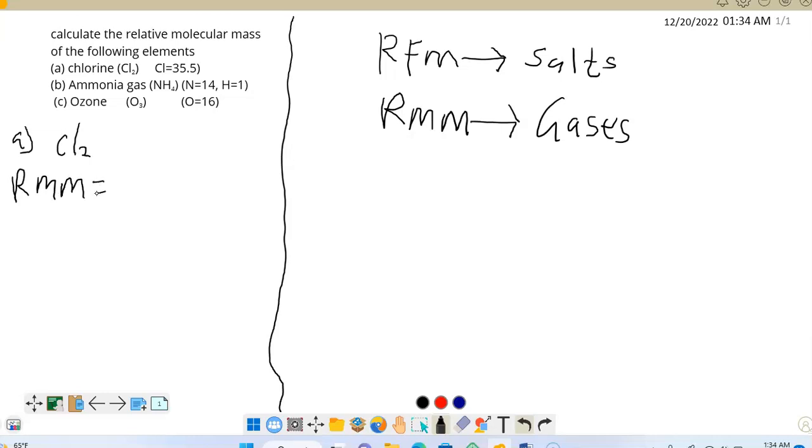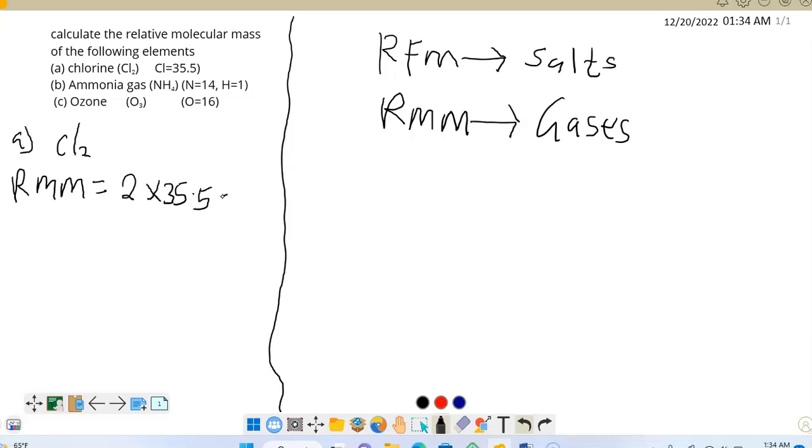mass of chlorine is equal to, now here we have two chlorine and each chlorine contains 35.5. We can simply say 2, which is this 2 which contains the chlorine, times 35.5.